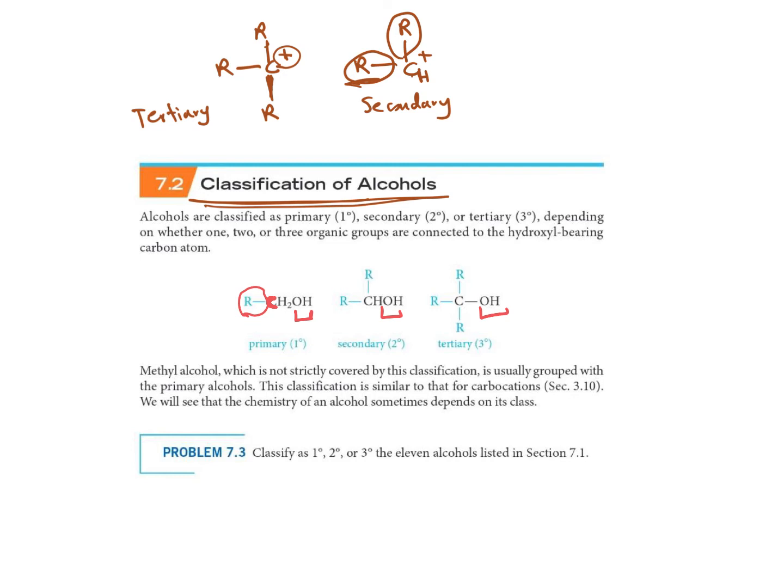Does that make sense? So if you have one R group attached to this carbon, we call that primary. If it's two, we call that secondary. If it's three, we call that tertiary. Okay. Any questions? Okay.